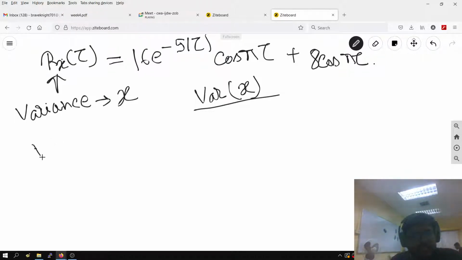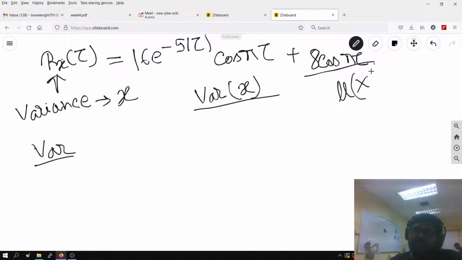So what is variance? The assumption that we had taken in this question is that the mean of the random variable, mean of x, equals 0. It was not provided in the question, probably it should have been provided. So how to calculate the variance?